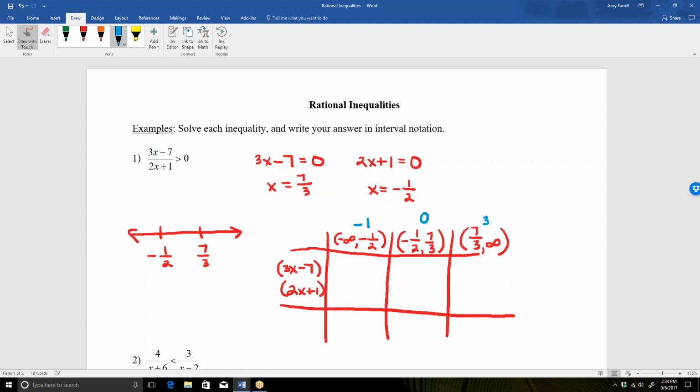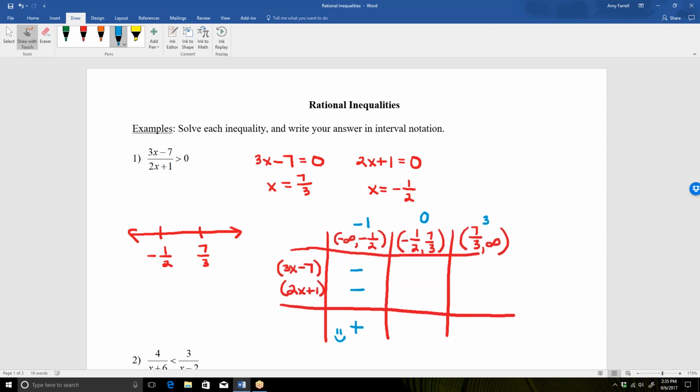So when I substitute negative 1 for x in the top factor, I get a negative result. When I plug negative 1 for x into the second factor, I also get a negative result. A negative divided by a negative is a positive result. So notice I've got a quotient here. I'll put a little smiley face here.